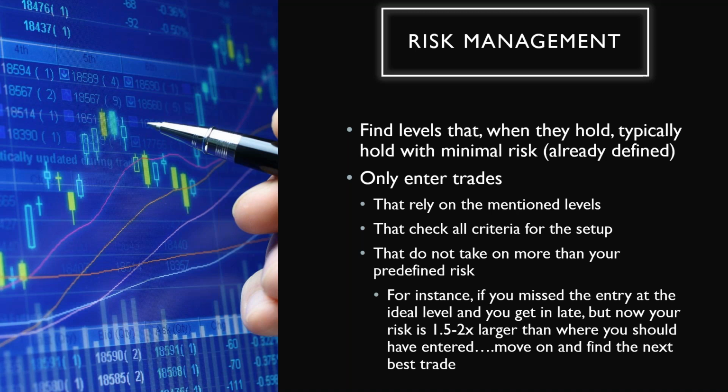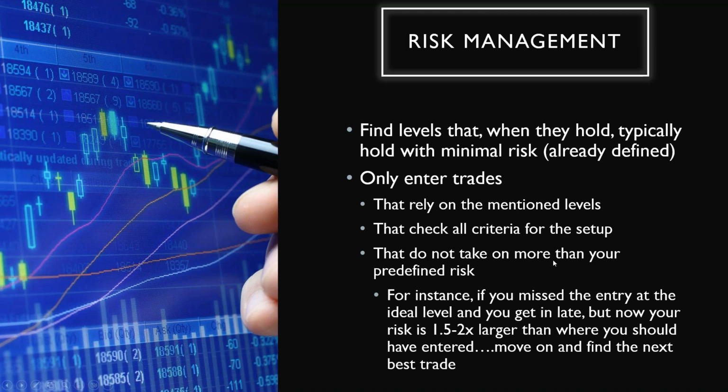So we want to find levels that, when they hold, typically hold with minimal risk. If I know a level holds, say 60, maybe 55% of the time, then that's probably a level that is a potential hold when price comes down into it. And we'll get into the charts so you can see what I'm talking about.